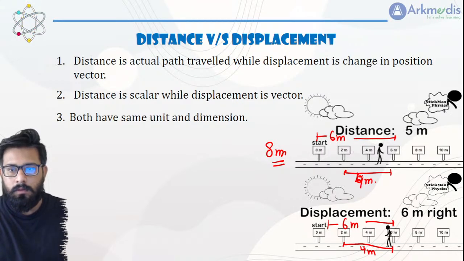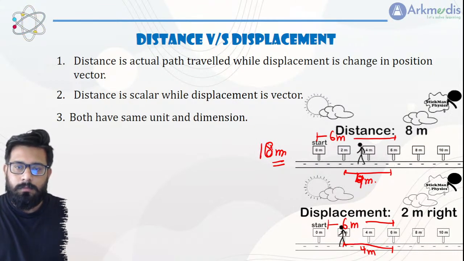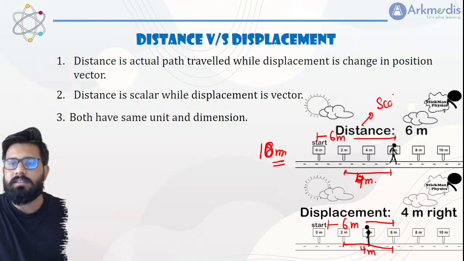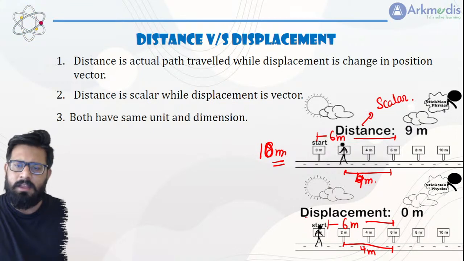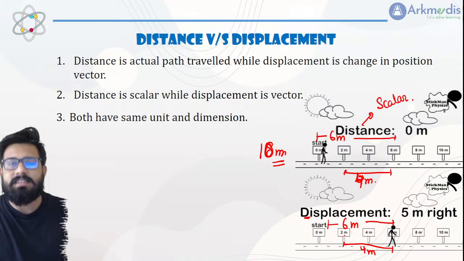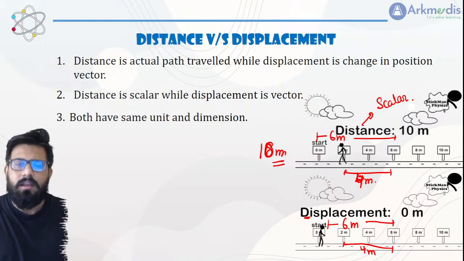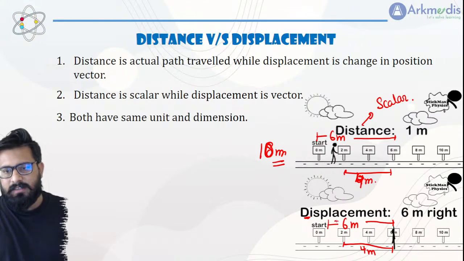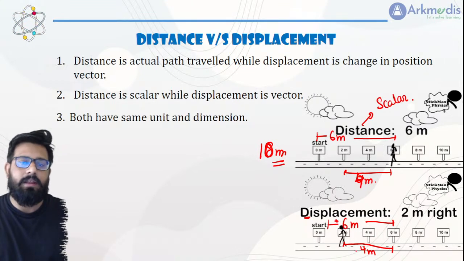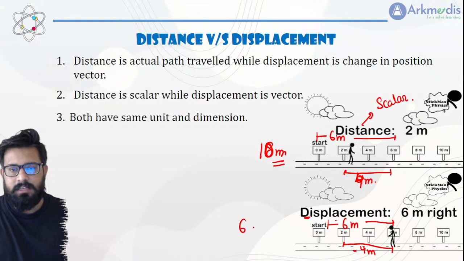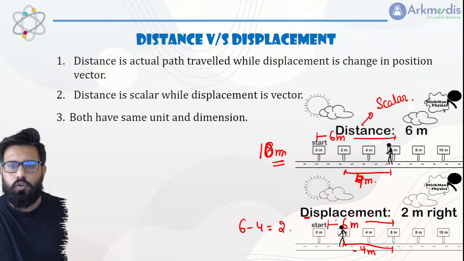Yes. So in both cases you can see this distance is a scalar quantity, so we are just directly adding them. But in case of displacement, we are also using the sign. Okay, so the displacement is a vector quantity, so we have to use sign convention. For the positive side we consider it as plus 6, but for the negative side we consider it as minus of 4. So the total displacement comes out to be 6 minus 4, which will be of 2 meter.